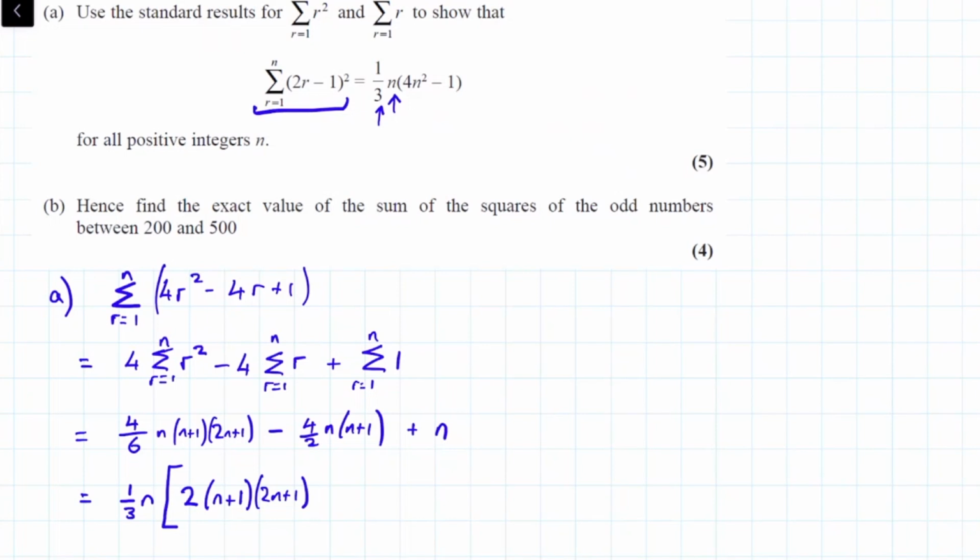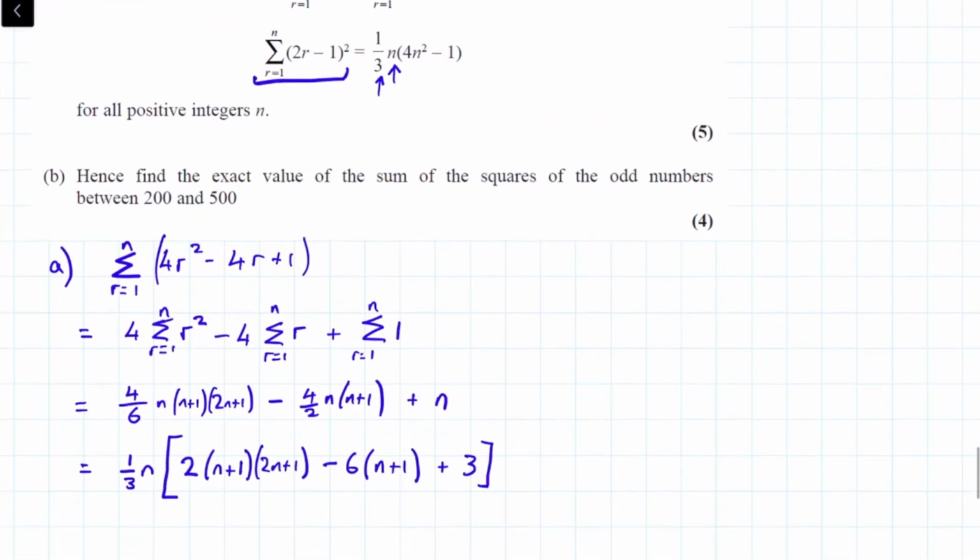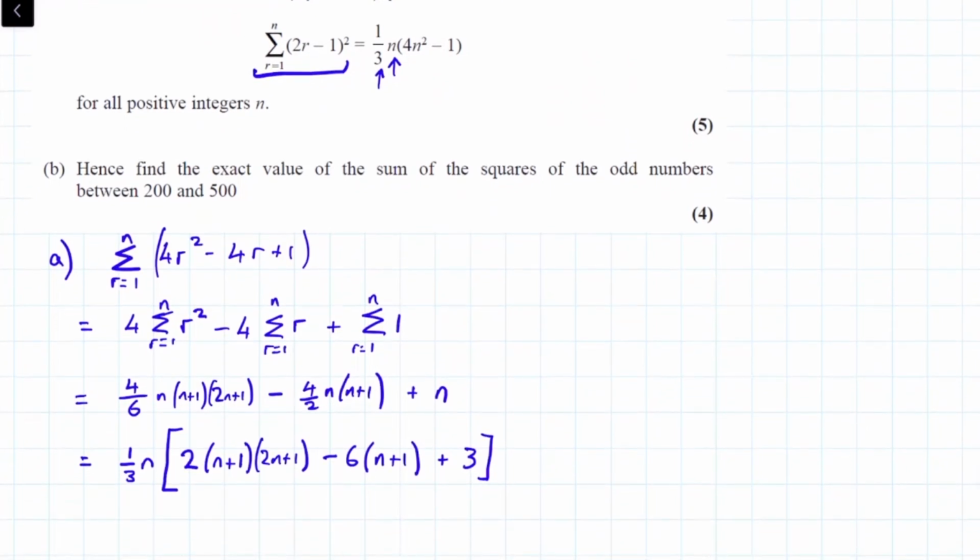We're pulling out 1/3, so we need to effectively multiply this by 3, so that will become 6. The n is out to the front, so n plus 1 remains. And in this one, we're taking out an n. We're also taking out 1/3, so we need to multiply by 3, and what's left will be 3. So that step can be quite tricky. So it's important to make sure you understand that.